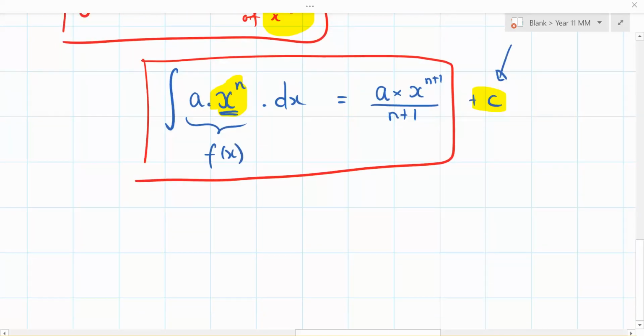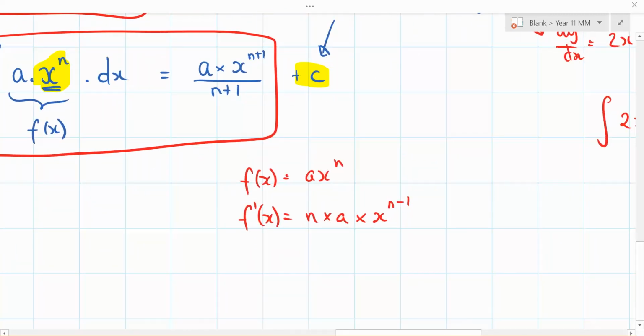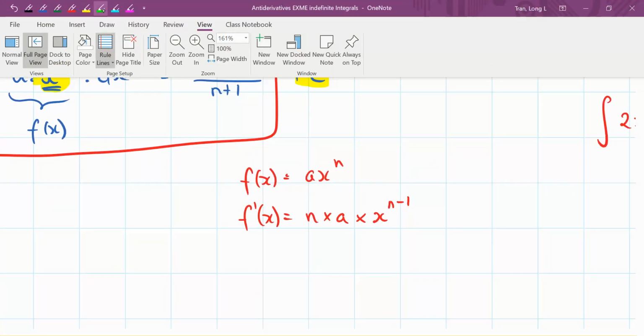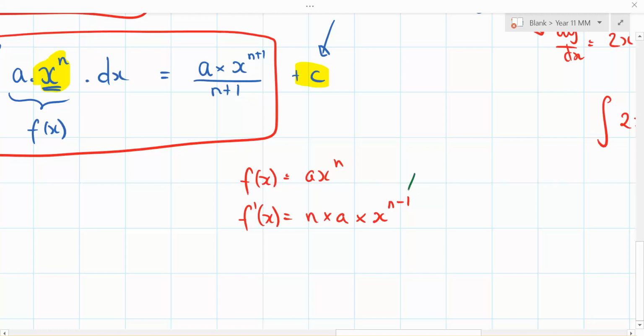And again, how do you know this rule? Have you forgotten the rule? It's really the inverse of the power rule. Remember, with the power rule, you had ax to the power of n, then the derivative is equal to n multiplied by a times x to the power of n minus 1. True? Keep in mind that right here you said minus 1.